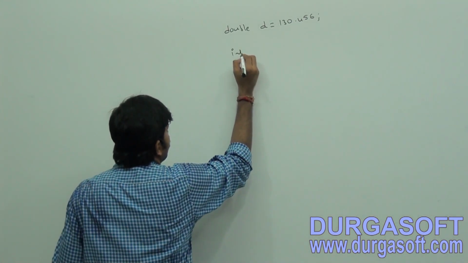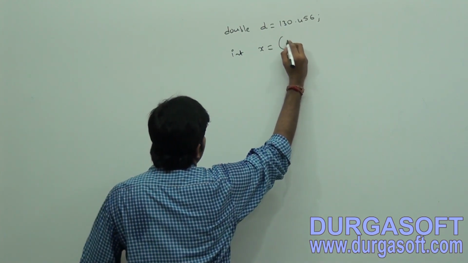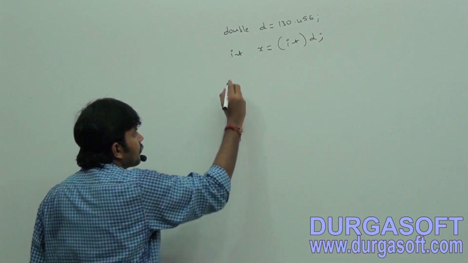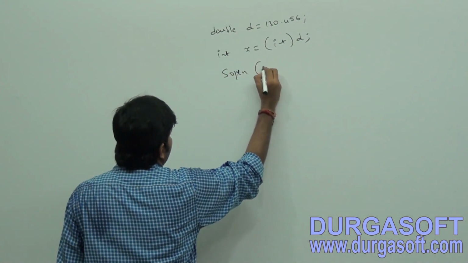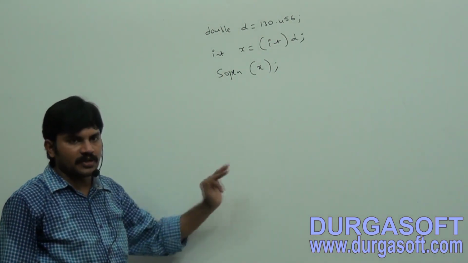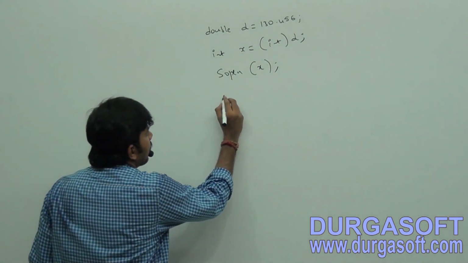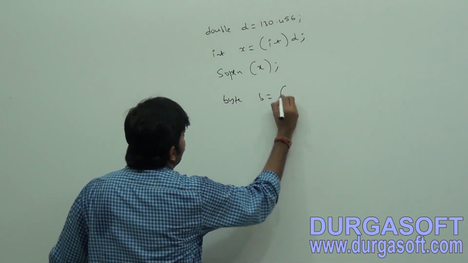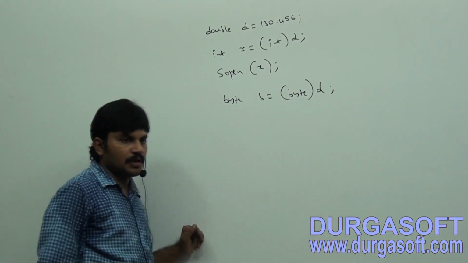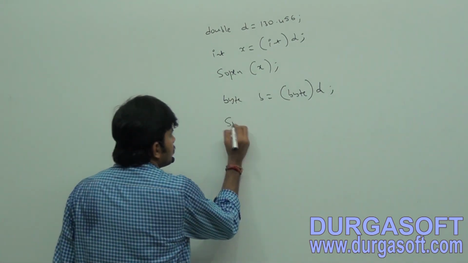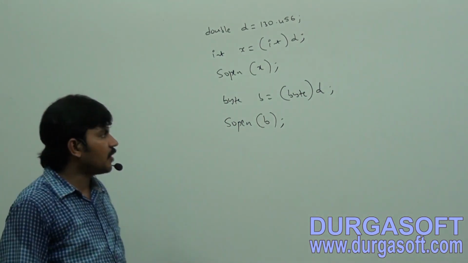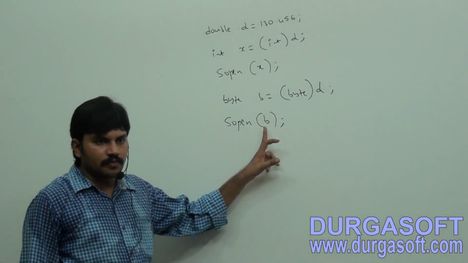Now int x is equal to int of D, System.out.println of x. Next, byte B is equal to byte of D, System.out.println of B.